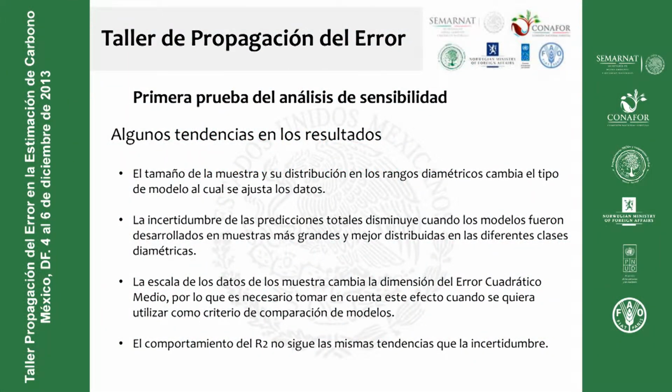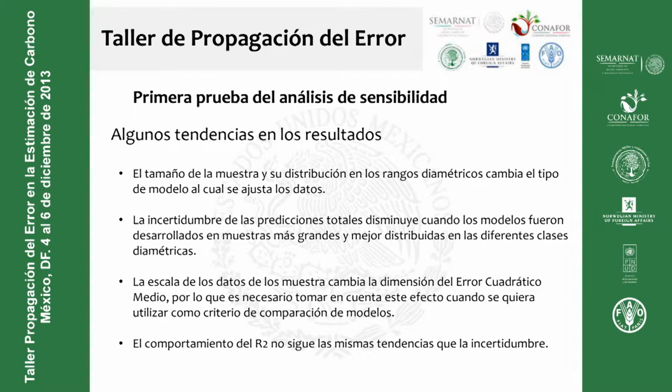So, some conclusions from this. The size of the sample and its distribution does change the model that best adjusts to the data. This is probably not earth-shattering science, but at least now we have ways of quantifying what that means in terms of uncertainty.